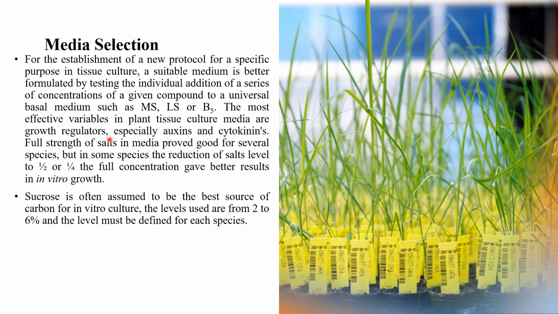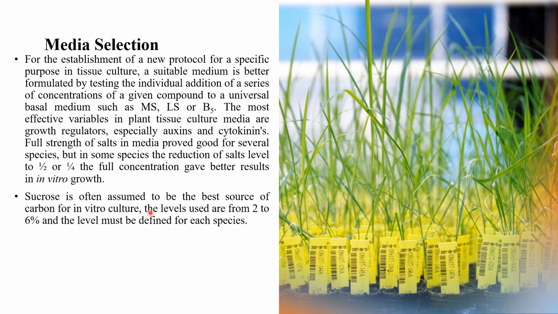The most effective variables in plant tissue culture medium are the growth regulators, especially auxins and cytokinins. Full strength of salts in medium proved good for several species, but in some species the reduction of salt level to half the full concentration gave better results in vitro growth.